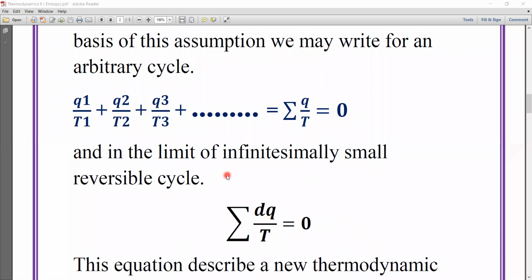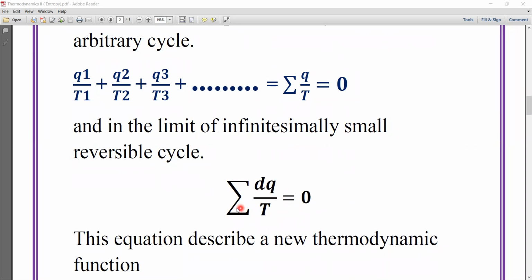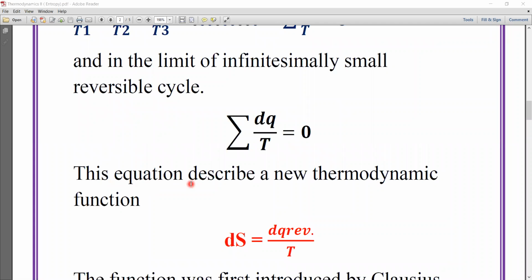Q is taken for an infinitesimally small reversible cycle, so for an infinitesimally small cycle we can take d, small change. So dq upon T: summation dq upon T is equal to 0. This equation describes a new thermodynamic function.